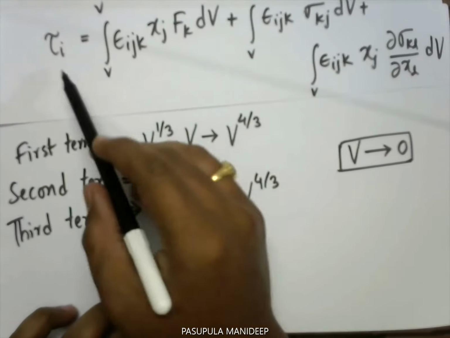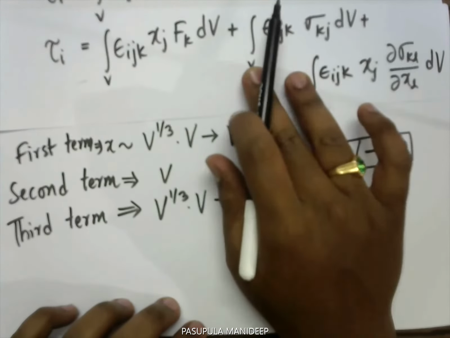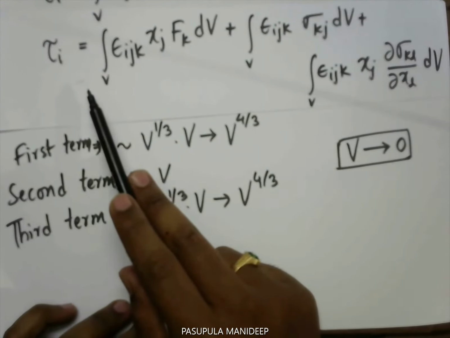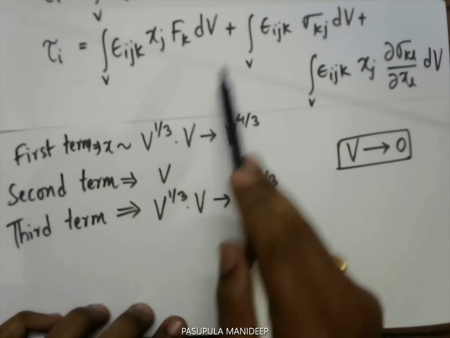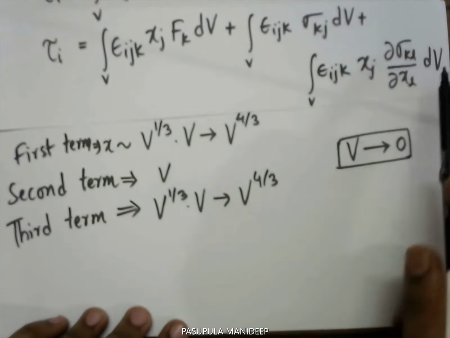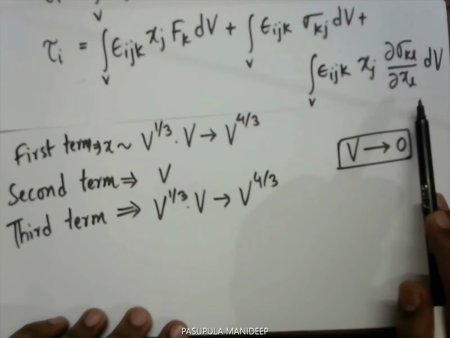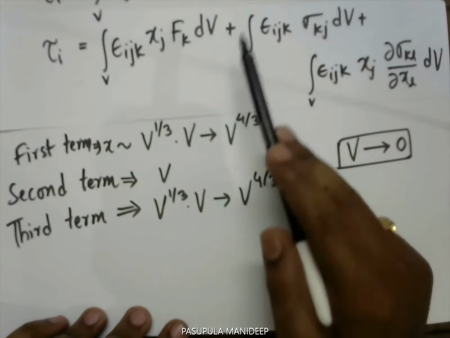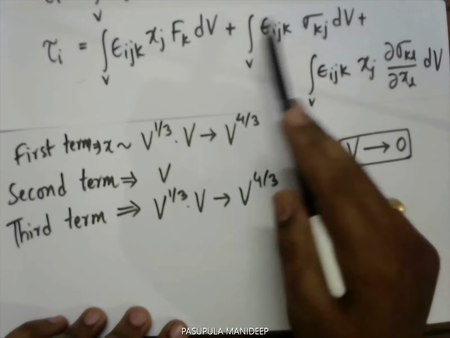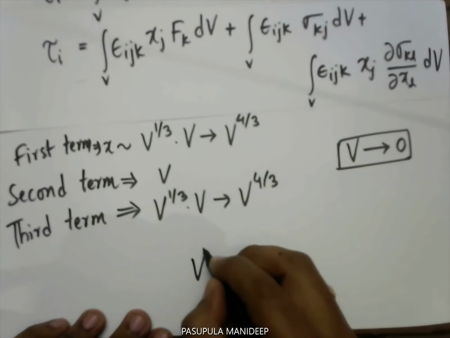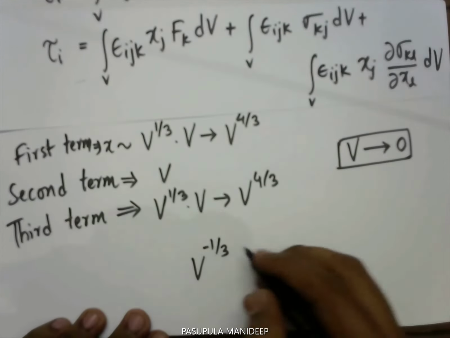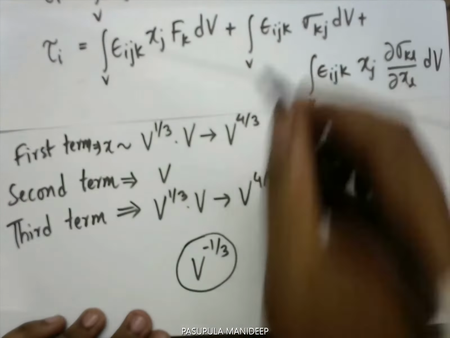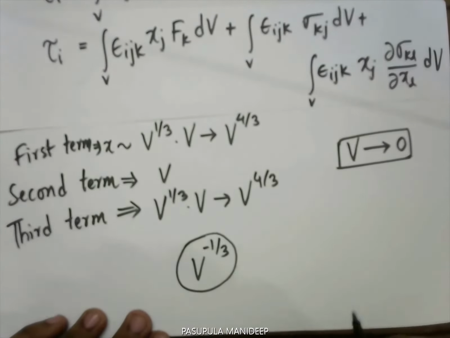In this equation, this term scales as V power 4 by 3, this term scales as V power 4 by 3, but the second term only scales as V. The order of magnitude of this term is V power minus 1 by 3 greater.